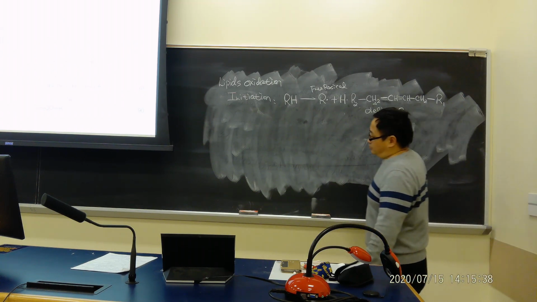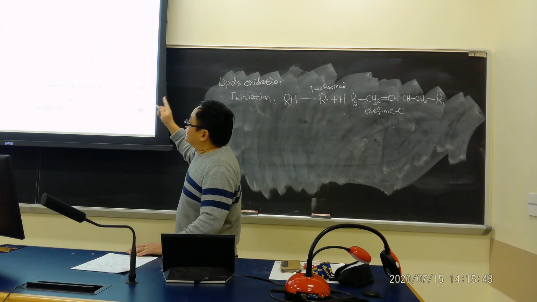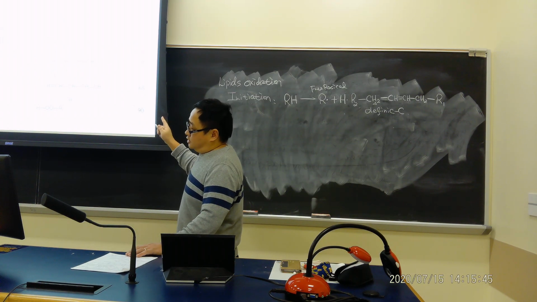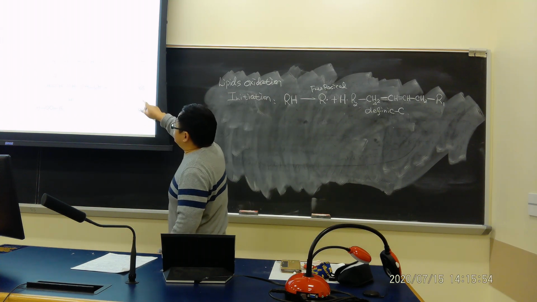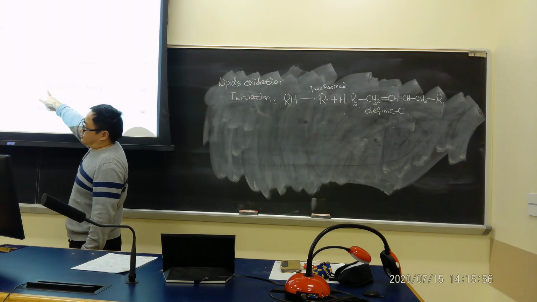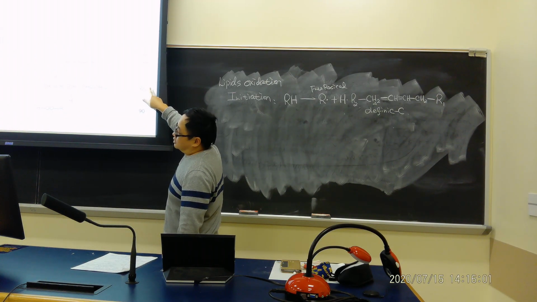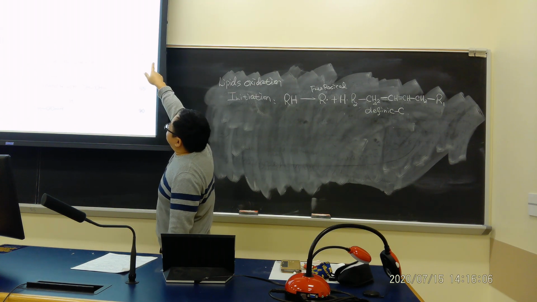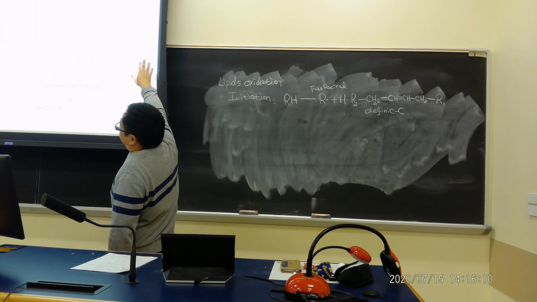And we have a table right here that tells you how easy or how difficult it is to have the hydrogen abstracted from the olefinic compound. If it's a polyunsaturated fatty acid, less energy is needed, only 64 kcal per mole. If it's a saturated fatty acid, it needs much more energy.